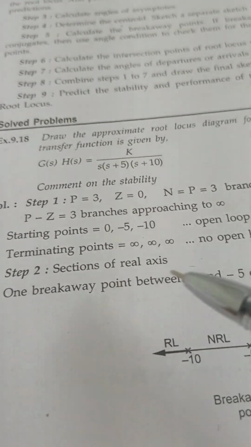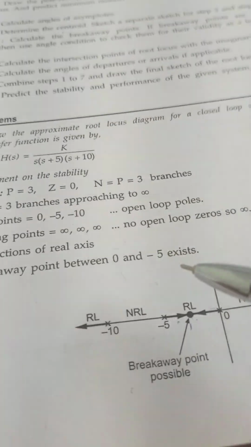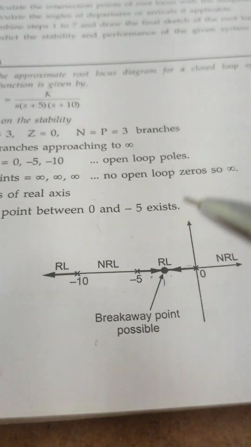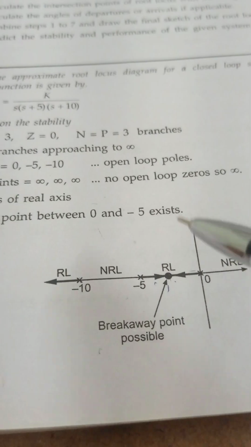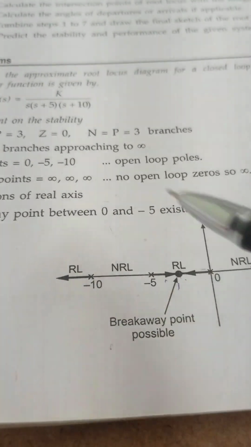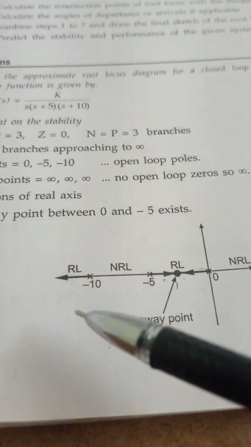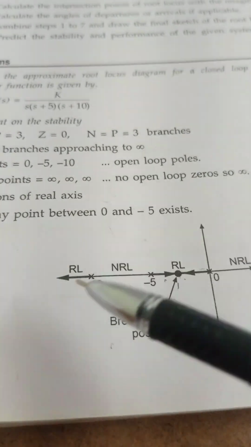Now, sections of real axis. One breakaway point between 0 and minus 5 exists. To explain, suppose we denote the poles here, and think that this is the s plane. Poles are there at 0, at minus 5, and at minus 10, and all of these poles tend to infinity.